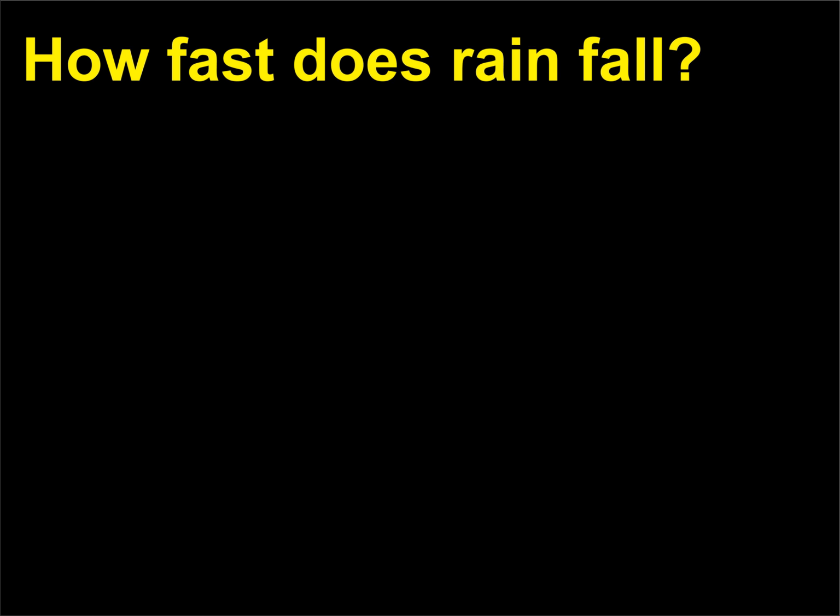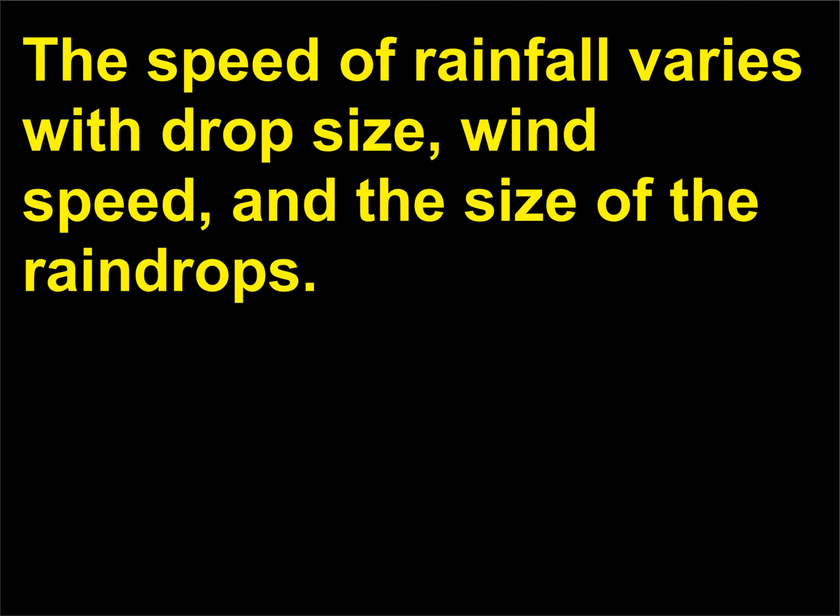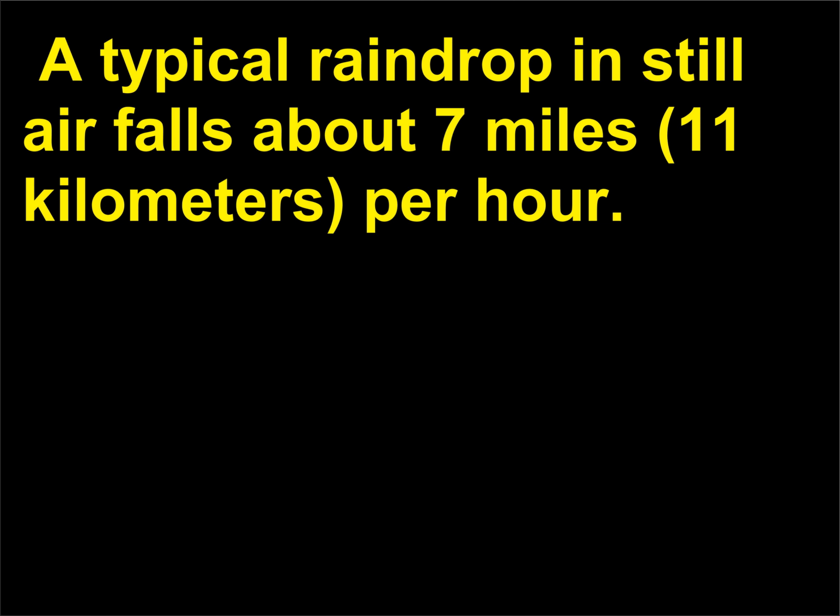How fast does rain fall? The speed of rainfall varies with drop size and wind speed. A typical raindrop in still air falls about 7 miles, 11 kilometers, per hour.